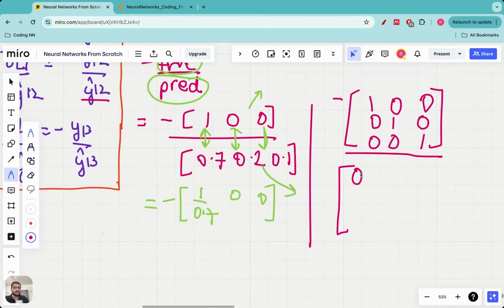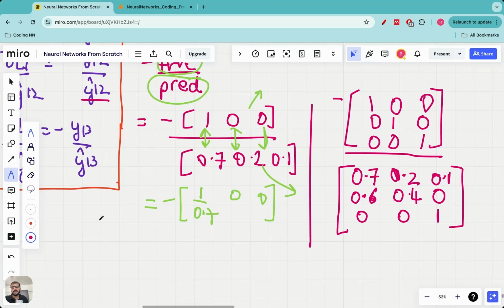So if the prediction is 0.7, 0.2, 0.1, and let's say this is also 0.6, 0.4, 0, and let's say this is 0, 0, and 1.